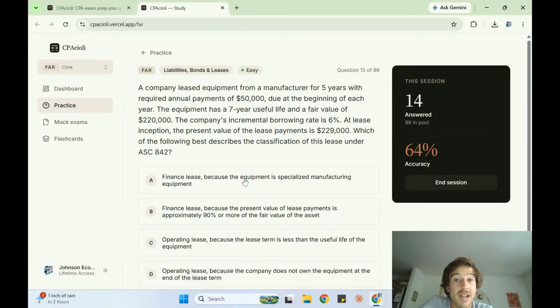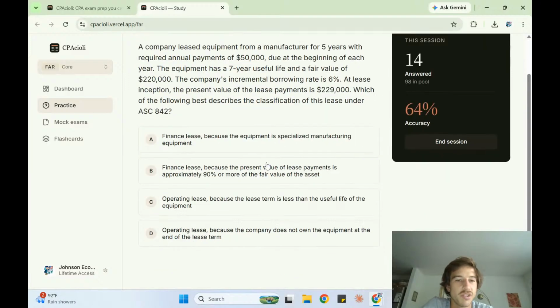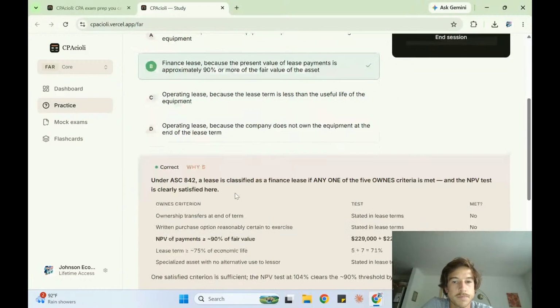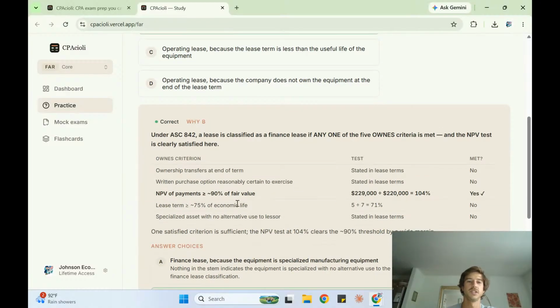So it should be a financing lease again because the fair value is less than the present value this time, which means it's over 90%. Once again, same thing, the criterion is satisfied. But if it wasn't for that one, it would be an operating lease because none of the 5 were met.